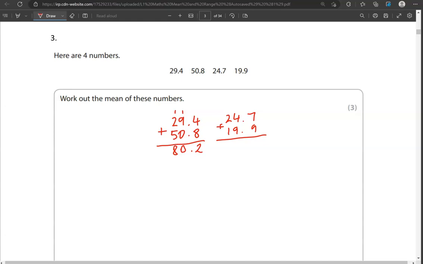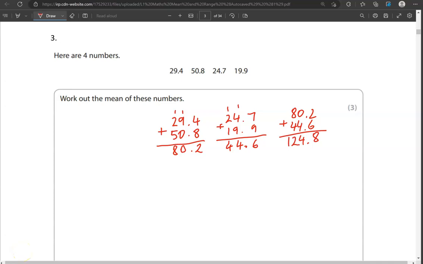The other two, 7 and 9, makes 16, so 6 down, 1 carried over. 9 and 1 is 10, and the 4 is 14, so 4 down, 1 carried over. 2 and 1 is 3, and the 1 is 4, so 44.6. Now we add 80.2 and 44.6. 2 and 6 is 8, 0 and 4 is 4, 8 and 4 is 12. So 124.8 is the total for the four numbers.